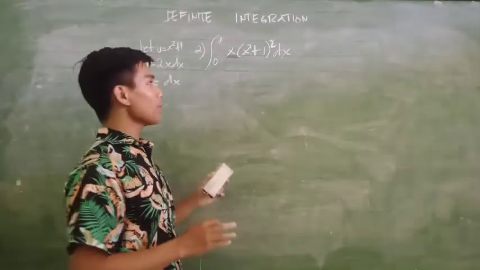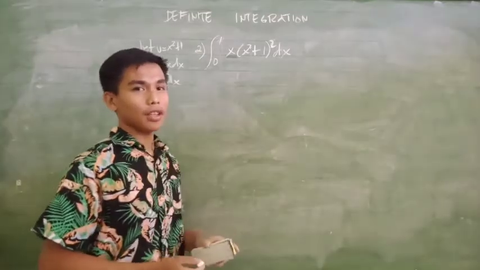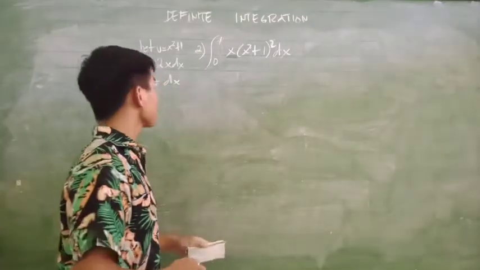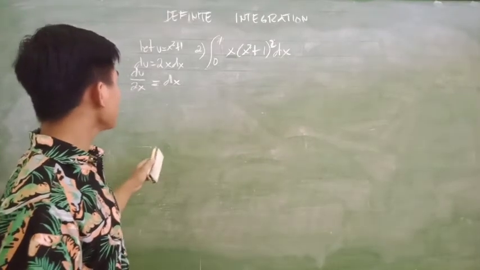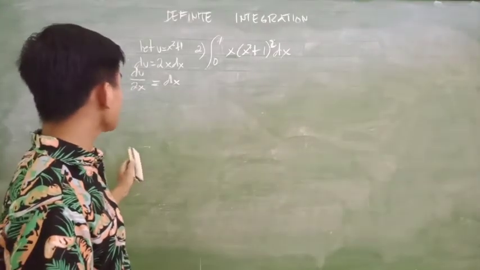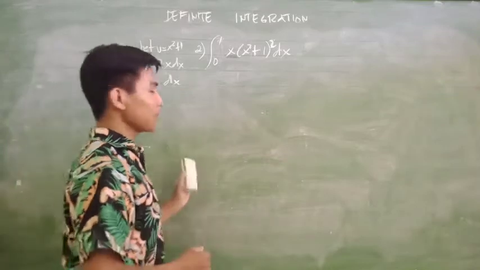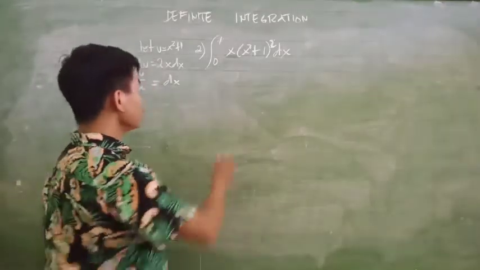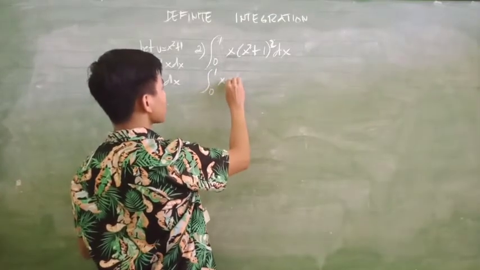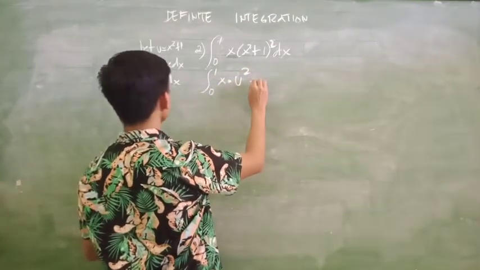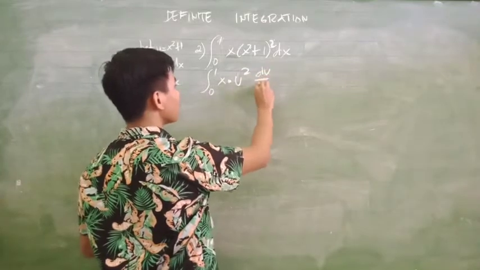We have here the same example, and we'll try to solve it using the change of limits. So we have let u equals x squared plus 1, du equals 2x dx, and our dx would be du over 2x. So substitute the obtained value to the function. x times u squared, our dx would be du over 2x.